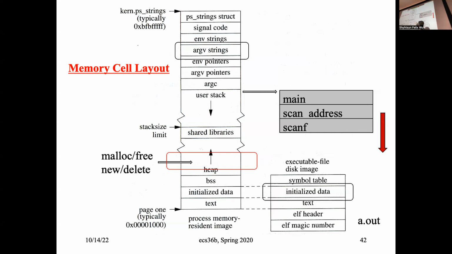So I will have an algorithm to find 16 bytes. I have my own memory management. The programmer doesn't have to worry about that. So I found 16 bytes, and I will return to the caller the memory address of the first byte. So malloc always returns the address of the first byte. By the way, with malloc you can allocate 4 bytes, 8 bytes, or 2 million bytes, or 2 terabytes. You can allocate as much as you want.